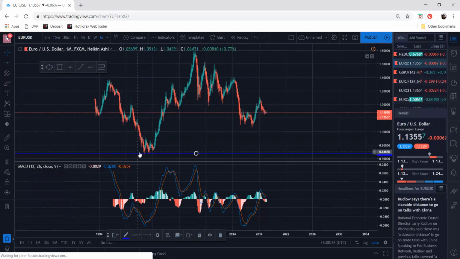And then the value of the euro started to increase. Over the years, it was going up, going up, going up, and then it started to come back down in value. So you see it went from 0.83 to right now 1.12. So overall, it is higher than it was before.